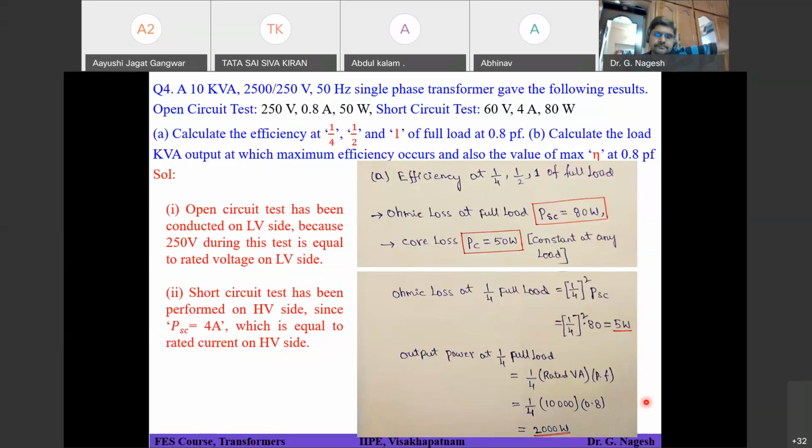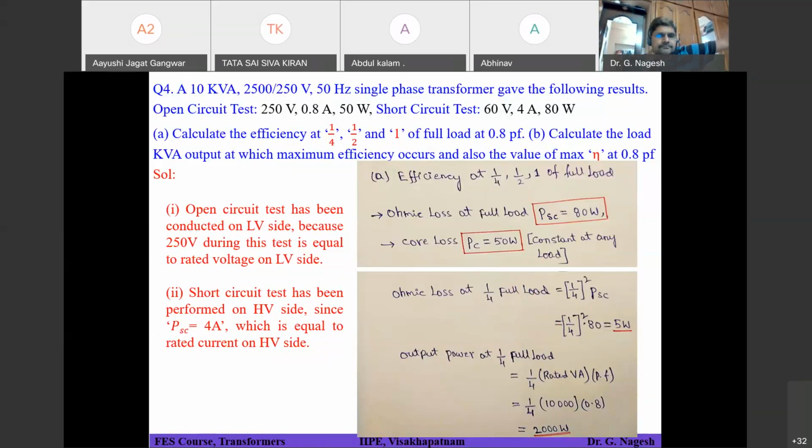So 0.973. So 97.3% is the efficiency. Did any other person get that answer or something different from this?